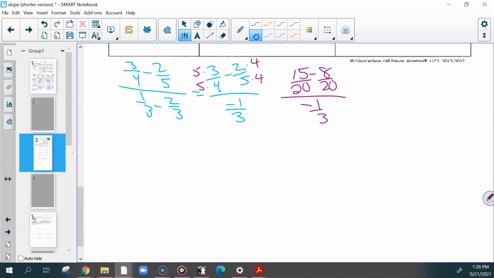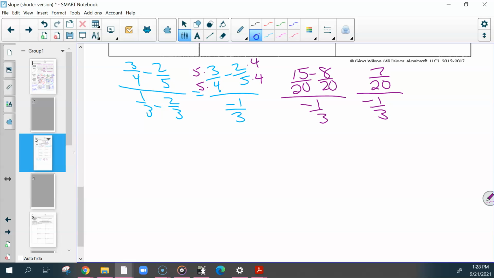Once you have common denominators, you can combine them. 15 minus 8 will give you 7 over 20. You can't simplify 7 over 20 anymore. So the only simplification we have left to do is to get this fraction out of a fraction.